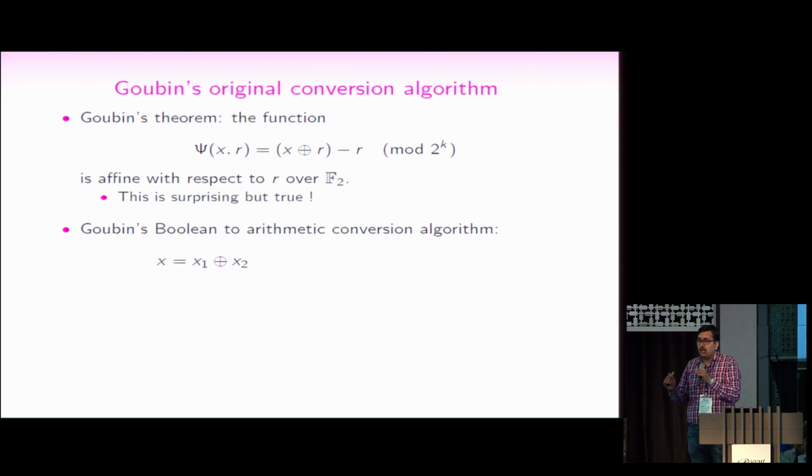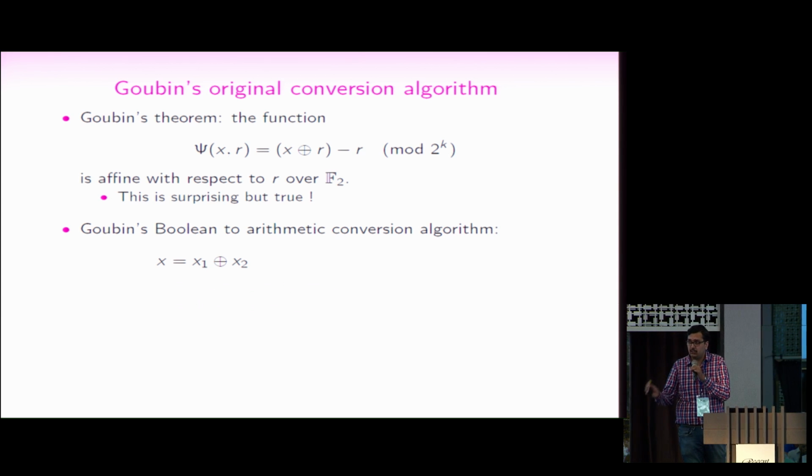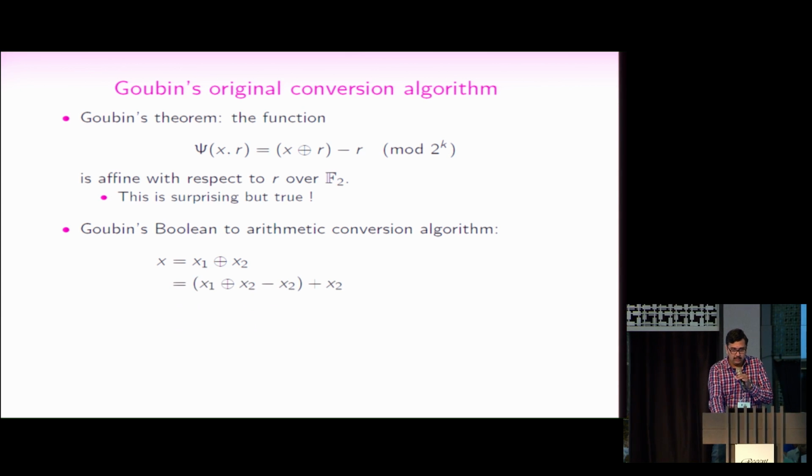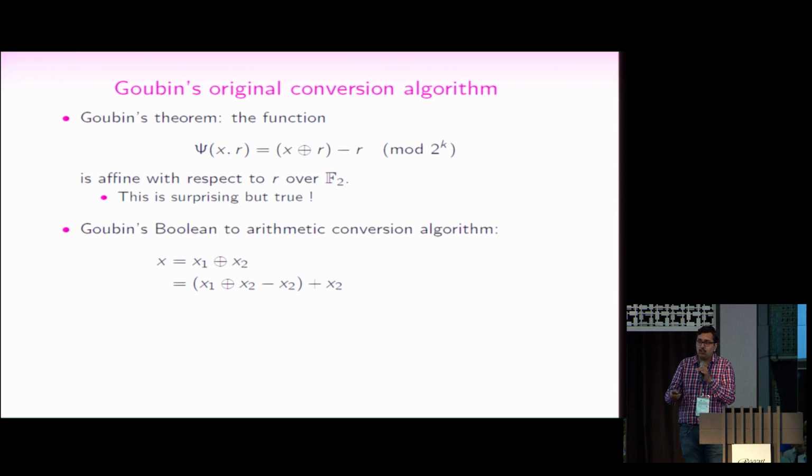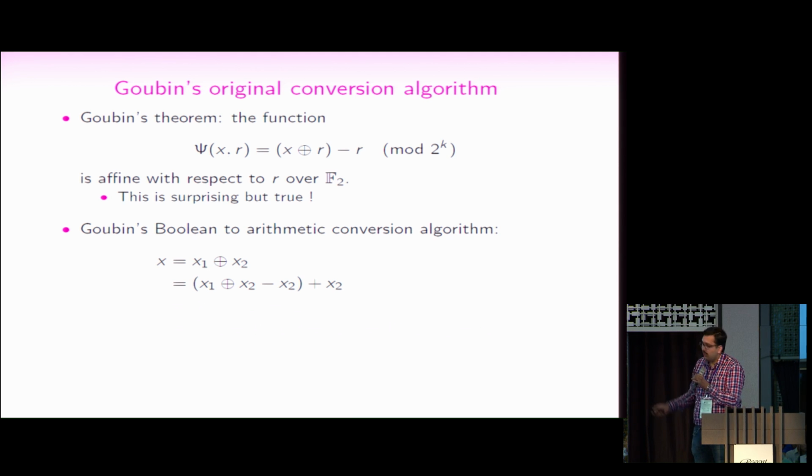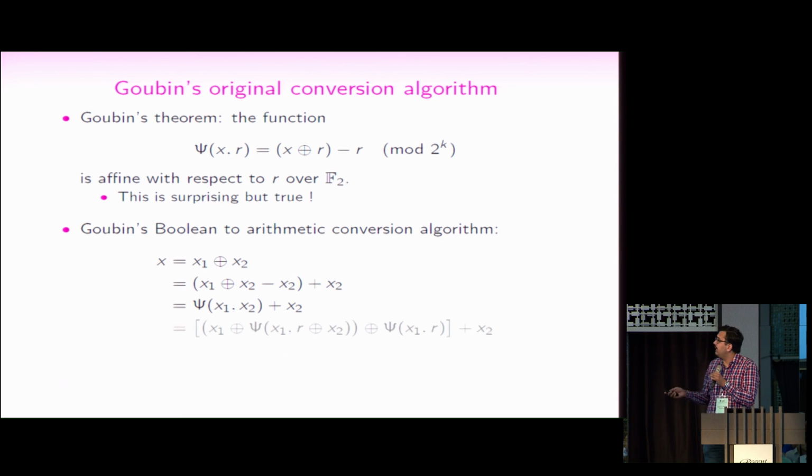Suppose there are two Boolean shares of a secret, x1 and x2. We just need to modular subtract x2 and then add x2, as suggested. Then from the definition of the function psi we can write it like this, and using the affine property of psi, we can finally write it like this, and we get two arithmetic shares, A and x2. In the process, every intermediate variable is independent of the secrets, so hence it's first order secure.